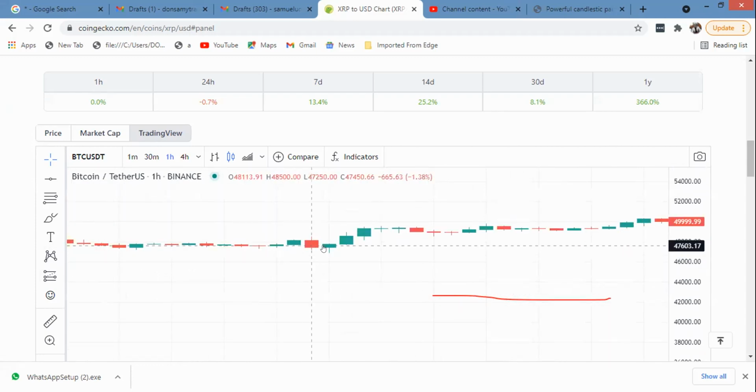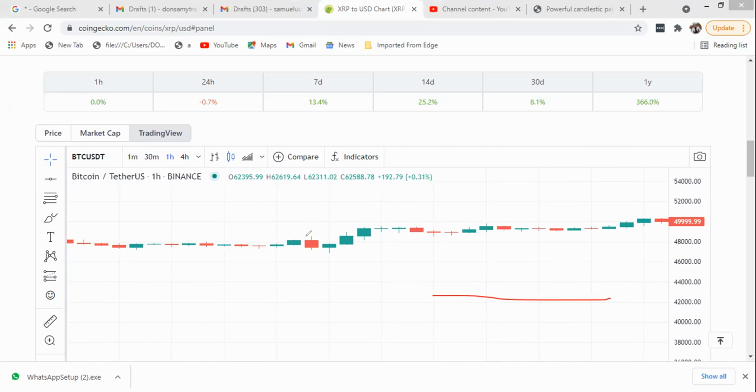Okay, see this one. See this red candle here. This red candle here means that this price started here. This is the opening price, and it did the highest here. So this is the high within that 1 hour.